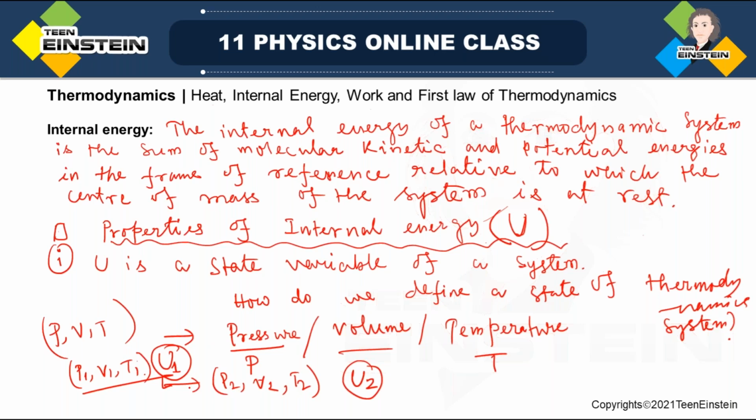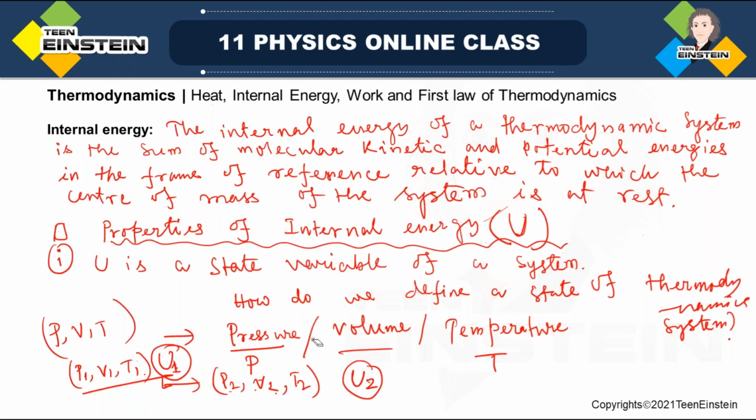These are two different states of the system, so the internal energies are different, but this is just due to the different states. It does not depend on how you arrive from P1, V1, T1 to P2, V2, T2. It is not the business of internal energy to know how it arrives at other states.